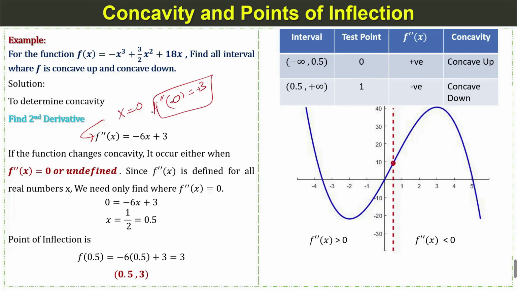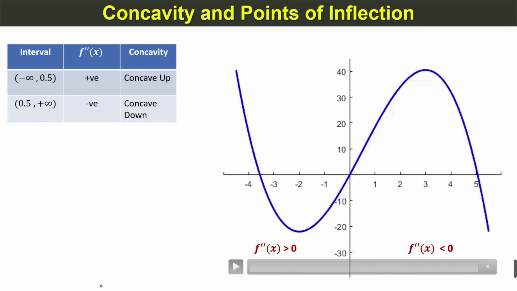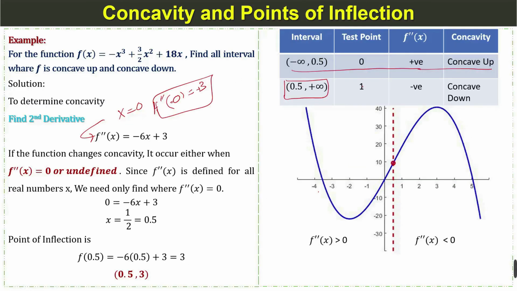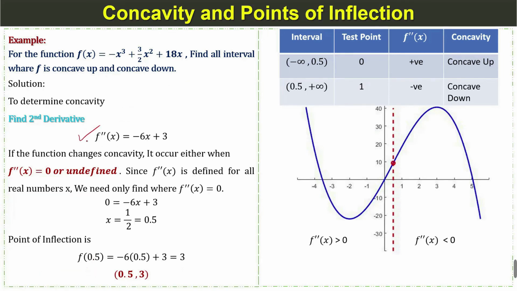It means the double derivative of the function is positive in this interval, so the function is concave up. Next, we take a test point from the other interval, like 1, and we put x equal to 1 into the double derivative. We can see it is negative, so the sign of the second derivative is negative, which means the function is concave down.